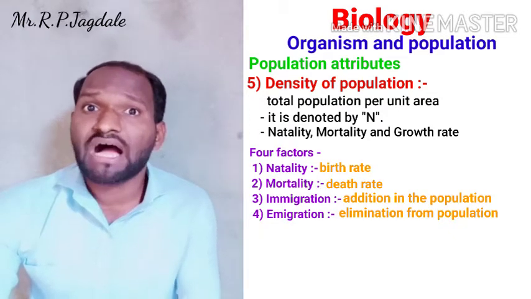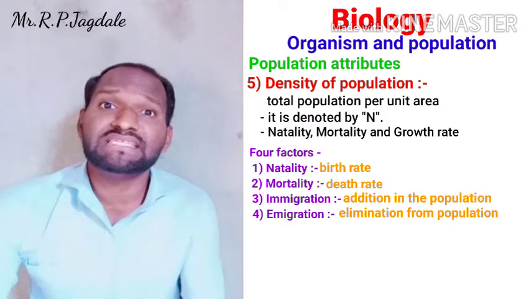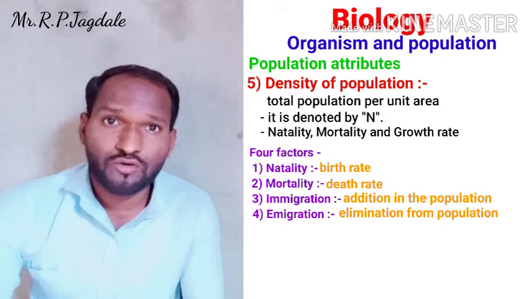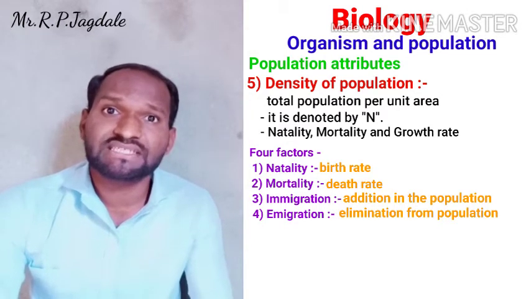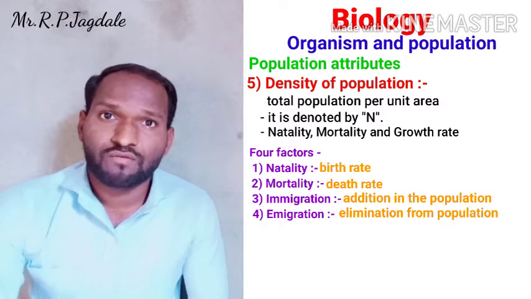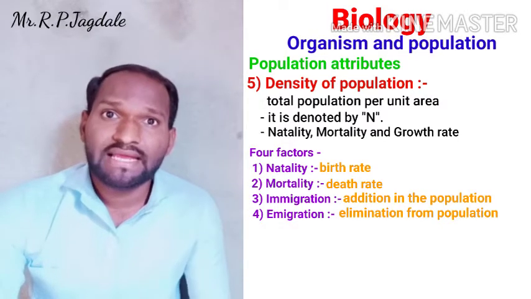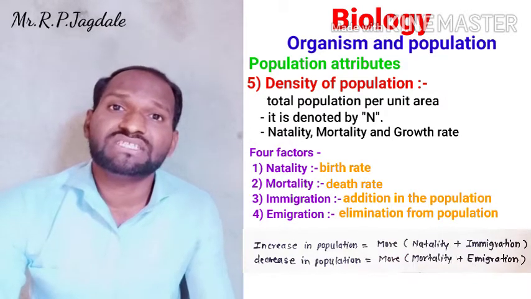Now, how are these four factors responsible for increasing or decreasing the density of population? First, we will take how the density of population increases. The density of population increases when natality and immigration are more.